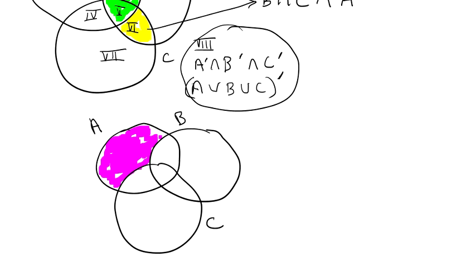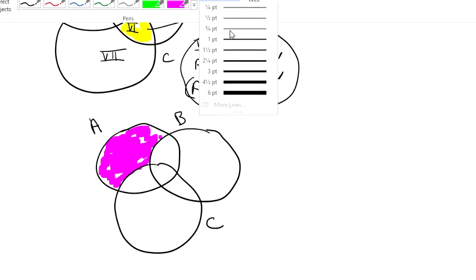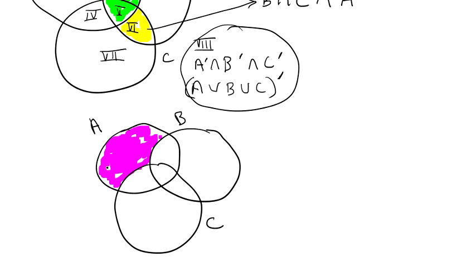Using the same ideas, it's A, but not B, so we intersect it with not B, and we intersect it with not C. So anything intersected with not B, which is outside of B, intersected with not C, which is outside of C, gives you the purple region.